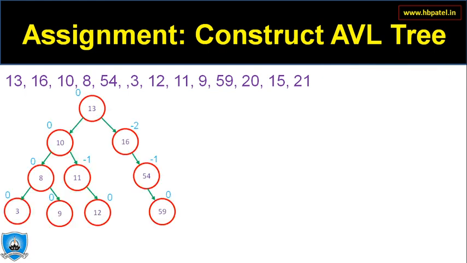Now next is 59. So we know that 59 is greater than 13, greater than 16, greater than 54. So 59 comes here. But the moment I put 59, you can see there is a problem regarding balance factor over here. The 16 does not have anything on the left side, but it does have 2 on the right hand side.